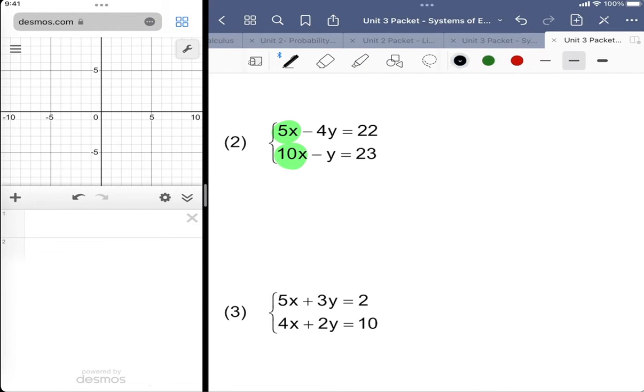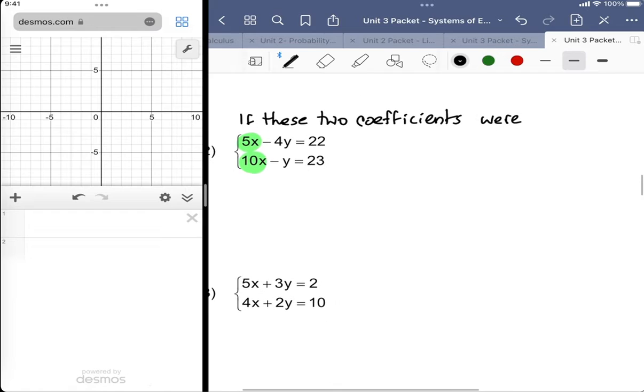All right, if these two coefficients were opposite, then adding them would cause a cancellation.